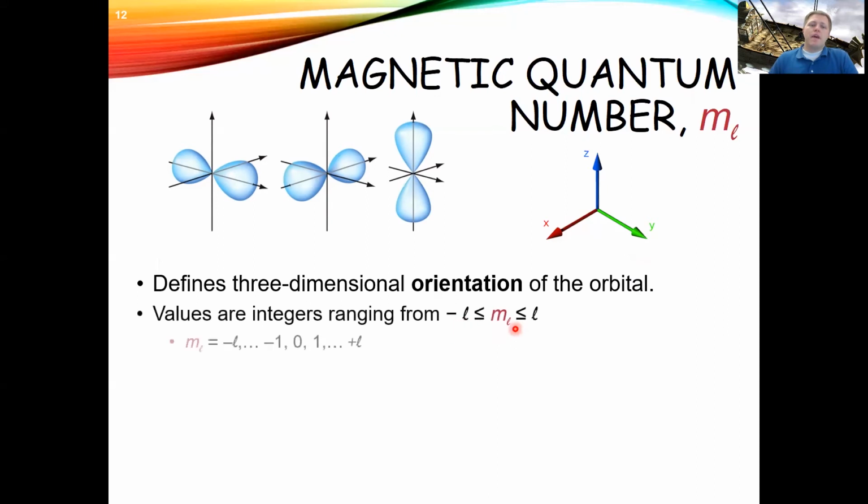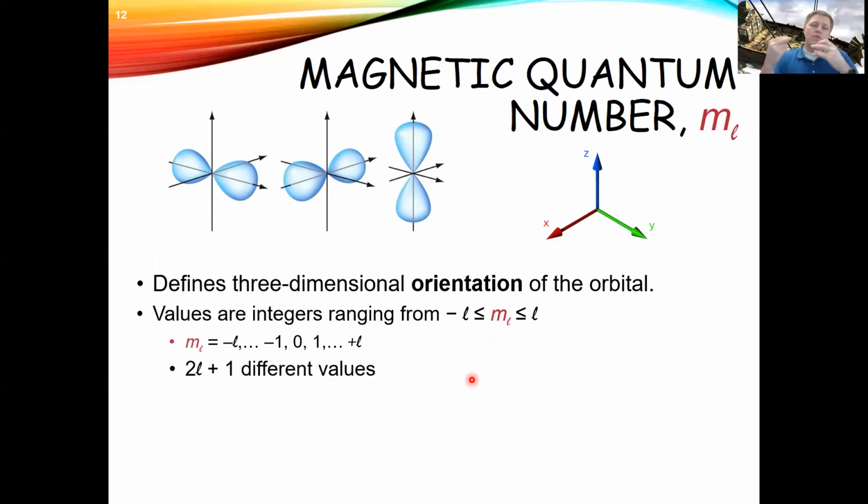So m sub l values exist from a value of negative L to positive L. So if you have an L value of 2, you have m sub L values of -2, -1, 0, 1, and 2. Which means if you count that up, you get 2L plus 1 different values for m sub L. So if you have one L value, then 2 times 1 is 2 plus 1, so you have 3 m sub L values.